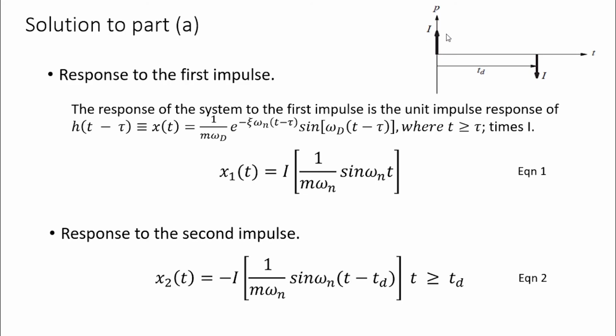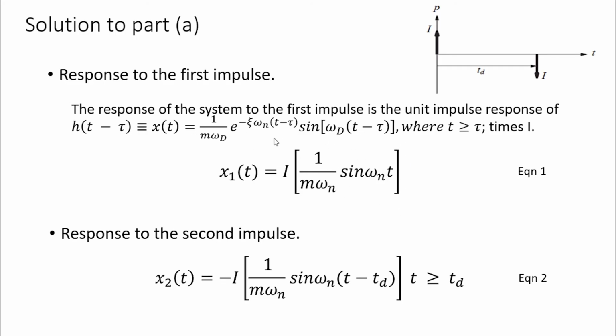So we can multiply the magnitude of this impulse by the unit impulse response and we get the response corresponding to these impulses. So the first response, that is the response due to this first impulse, is the magnitude multiplied by the unit impulse response of the undamped system.